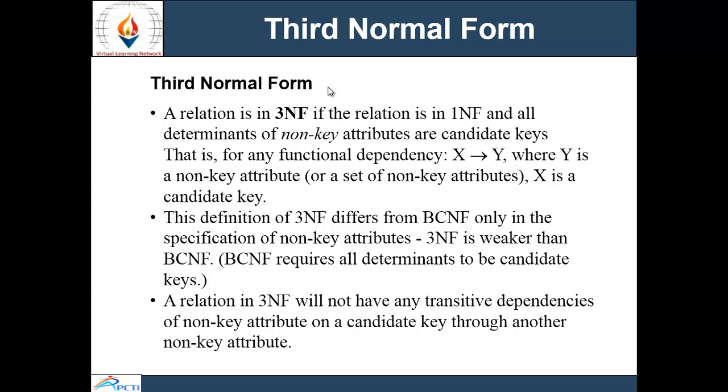normal form. Means if we talk about the third normal form, we mainly deal with the transitive dependency. It means if any non-key is dependent on any other non-key, then there is a need to remove the transitive dependency, and there is a need to apply the third normal form.